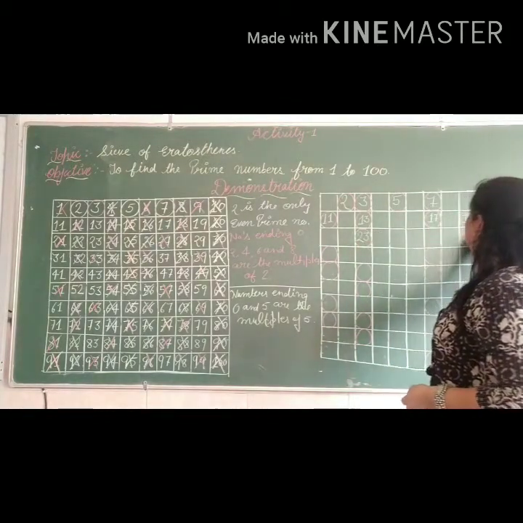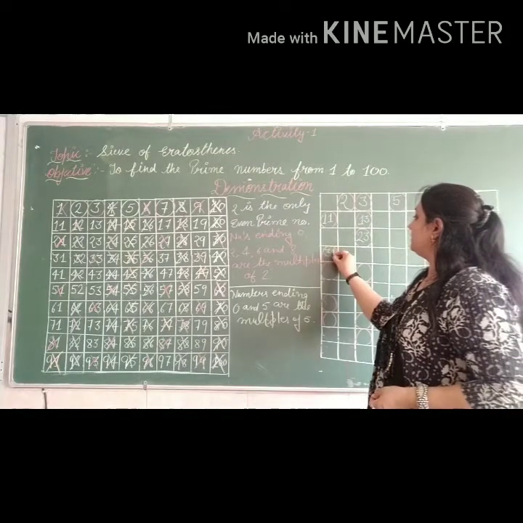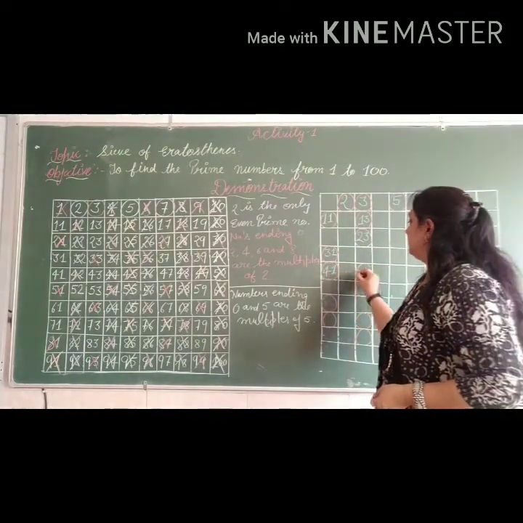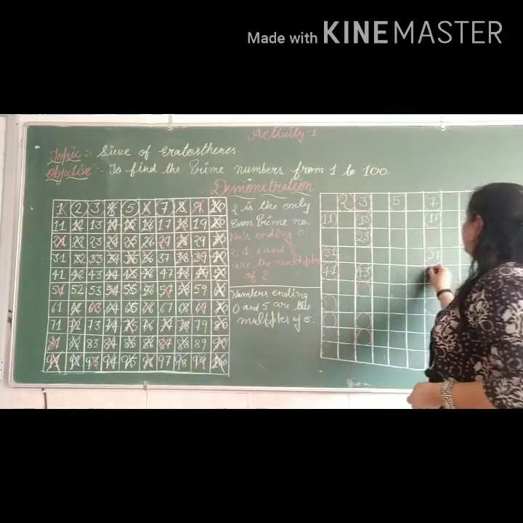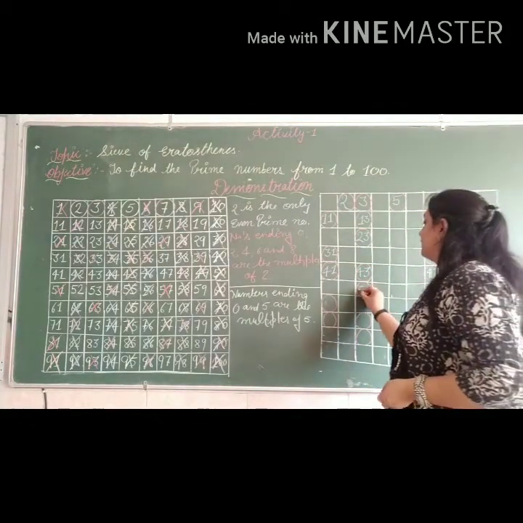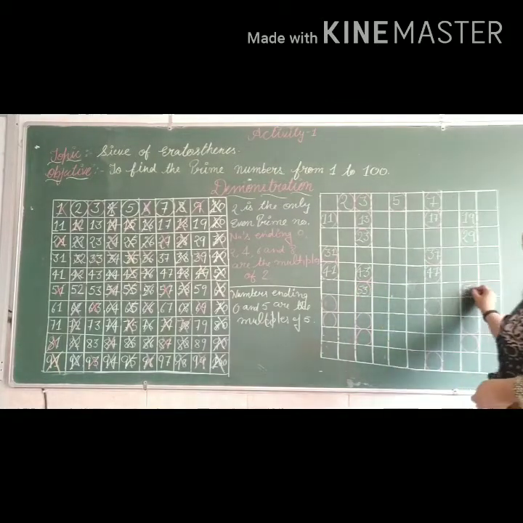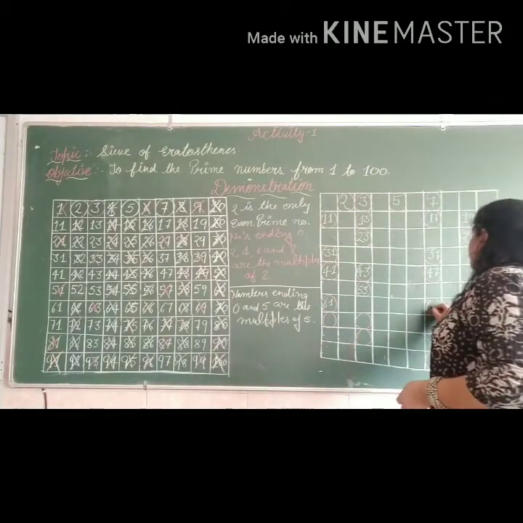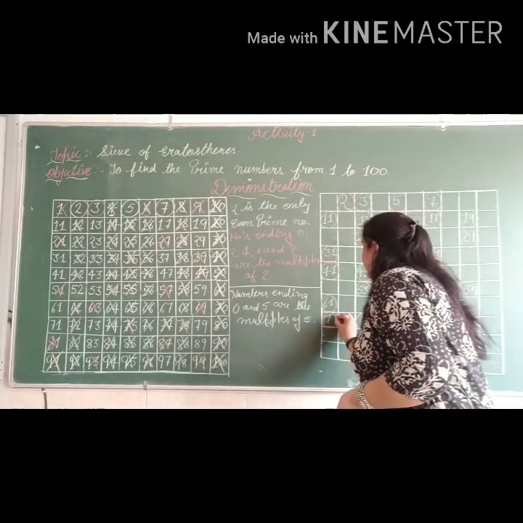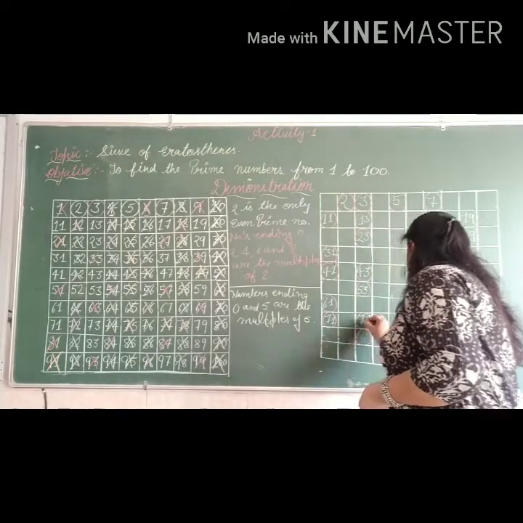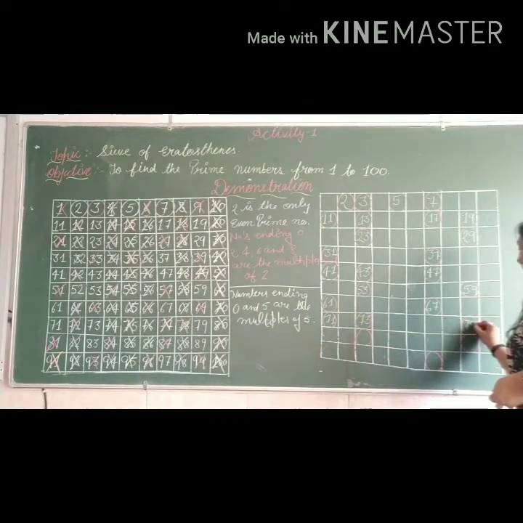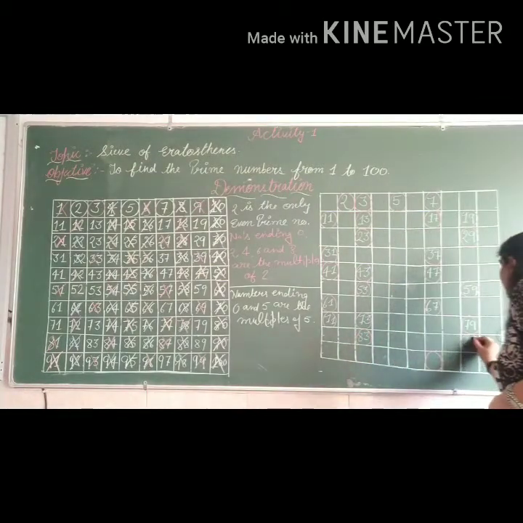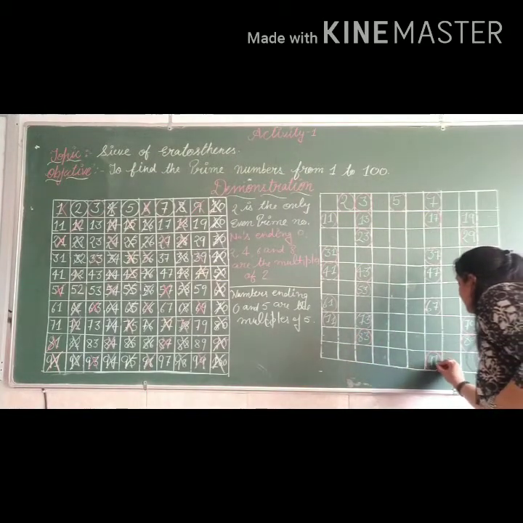23, 29, 31, 37, 41, 43, 47, 53, 59, 61, 67, 71, 73, 79, 83, 89 and 97.